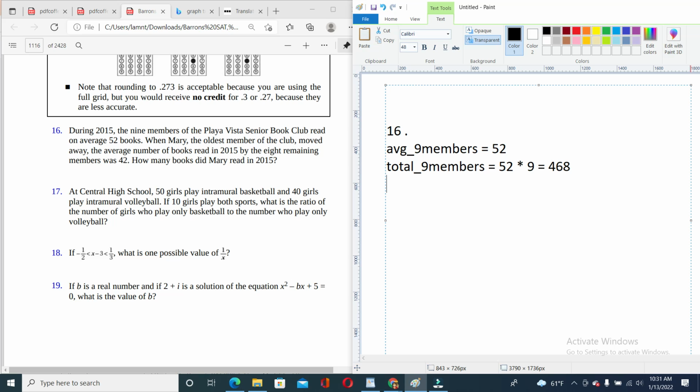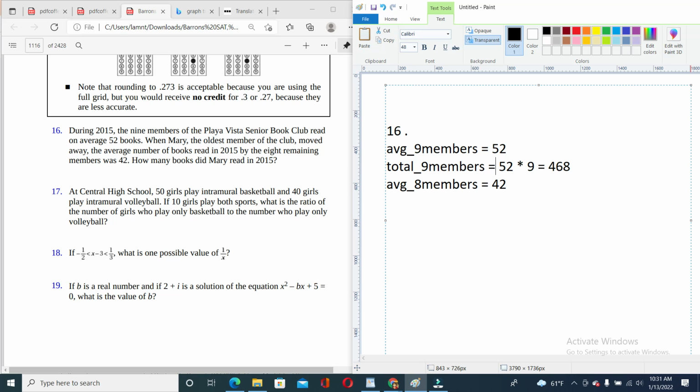Okay, so when Mary moved, we had to subtract all the books Mary read during 2015. So the number of members now is 8. We know that the average of the 8 members is 42, right?